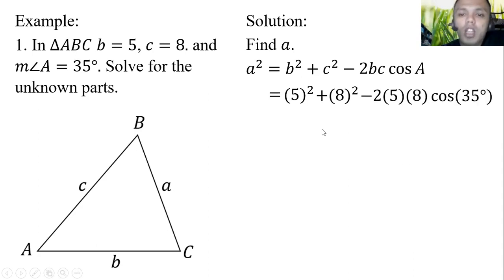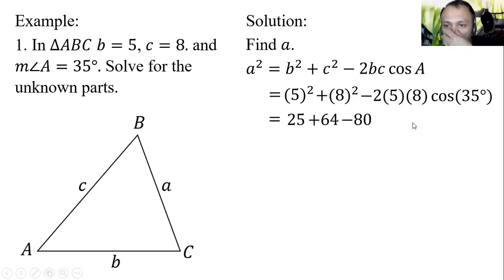Then we have 5 squared is 25, 8 squared is 64, 2 times 5 times 8 we have 80. Cosine 35 degrees is 0.8192.